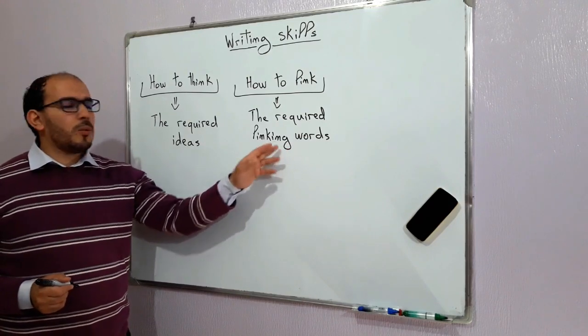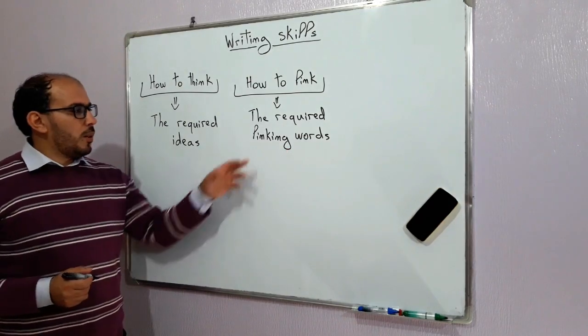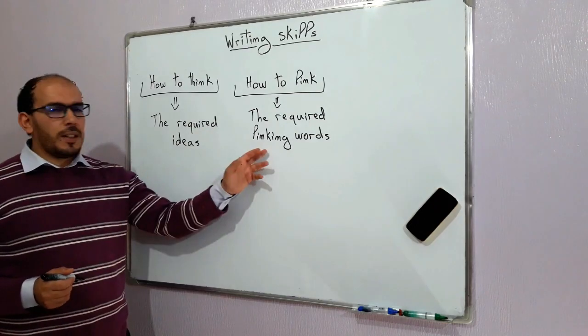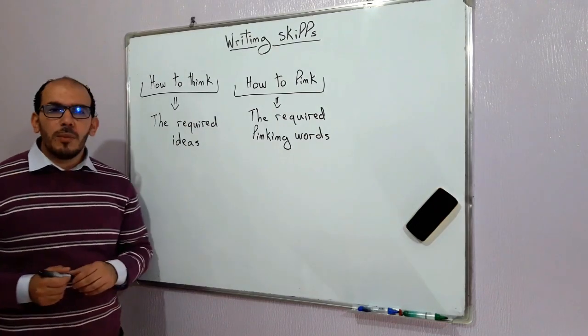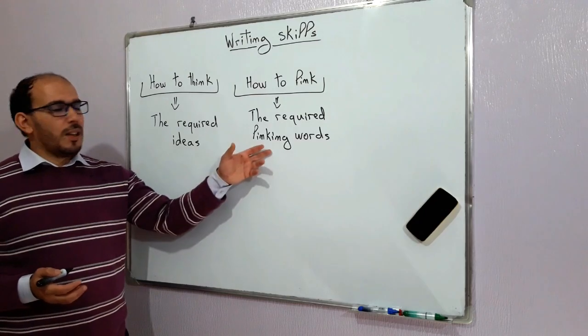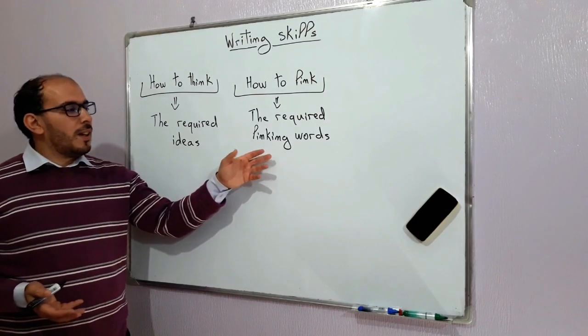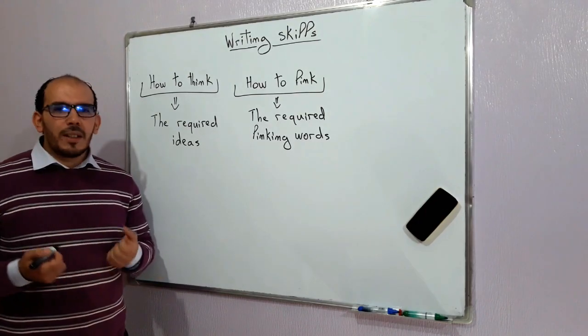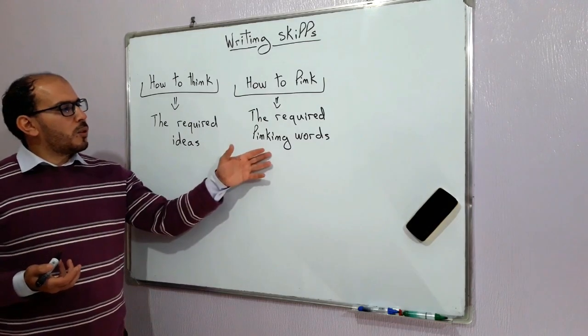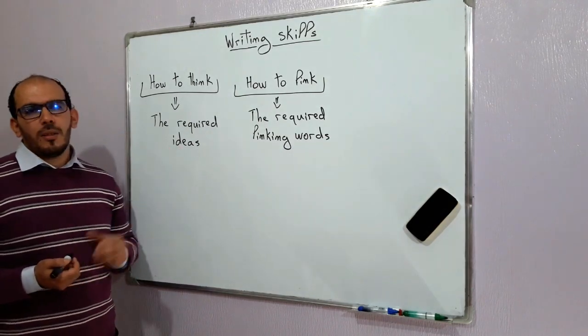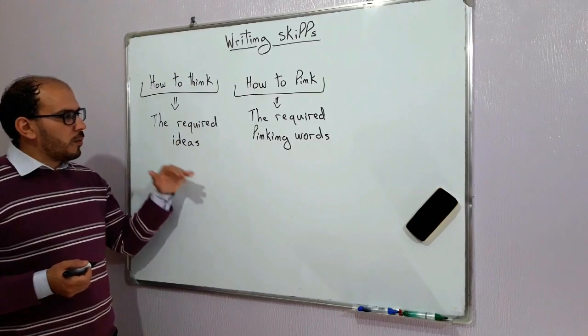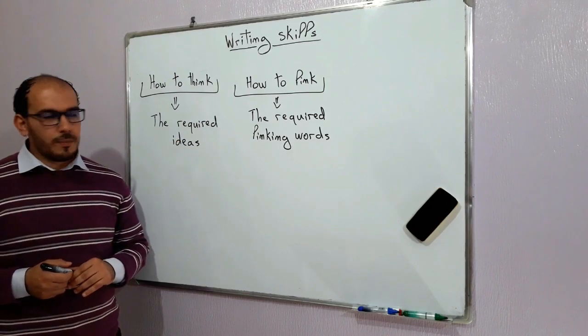So you should know these linking words, because they play an important role to link between your ideas, and by the end of the day you make your writing understood and you create a kind of cohesion and smooth transition in terms of your ideas moving from one idea to another.